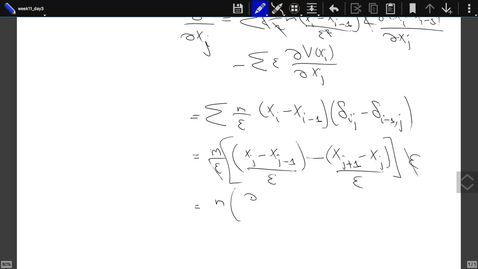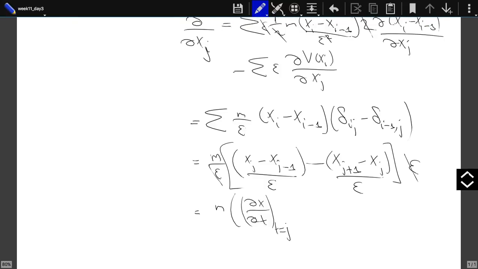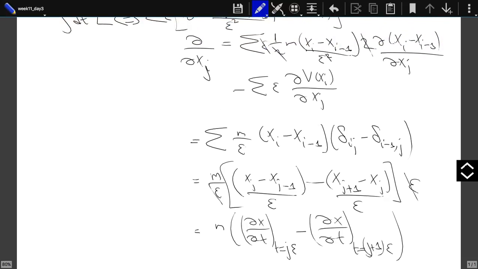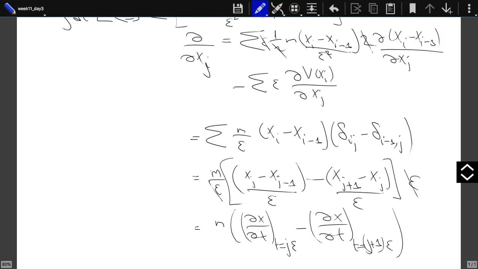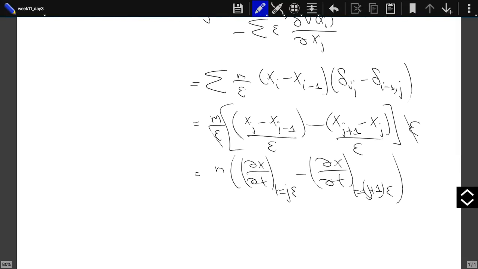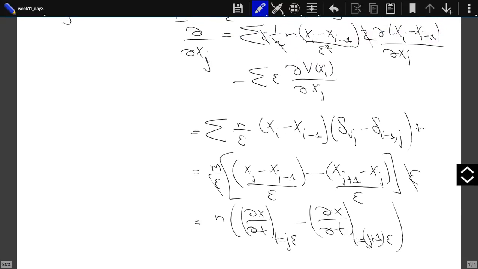You see the first term is nothing but dx by dt evaluated at t equal to j times epsilon, minus the other one, dx by dt evaluated at t equal to j plus 1 times epsilon. And there's also the potential term.